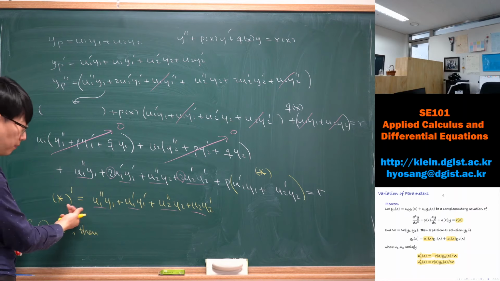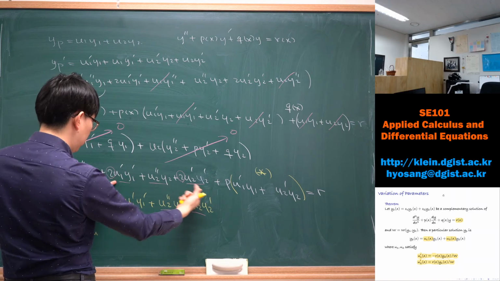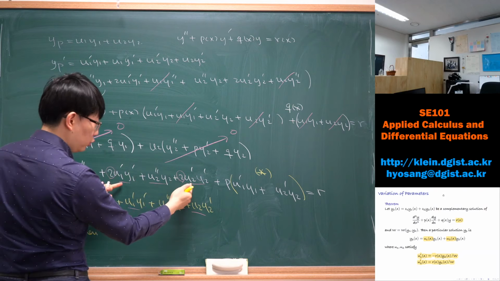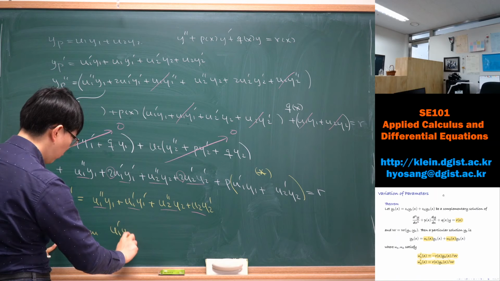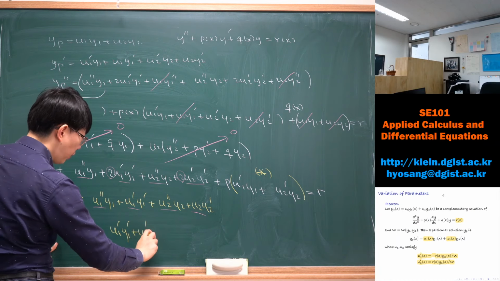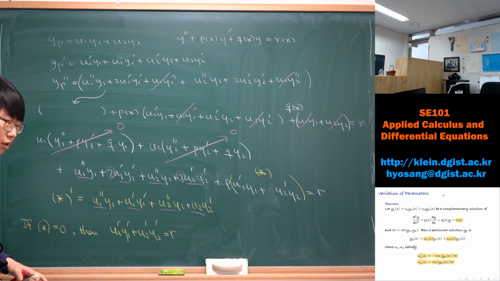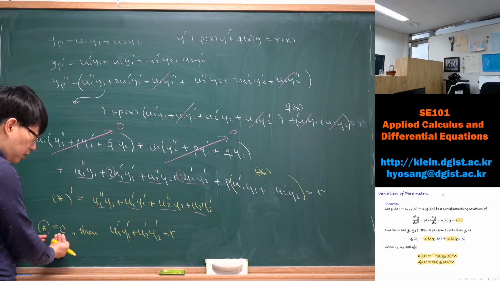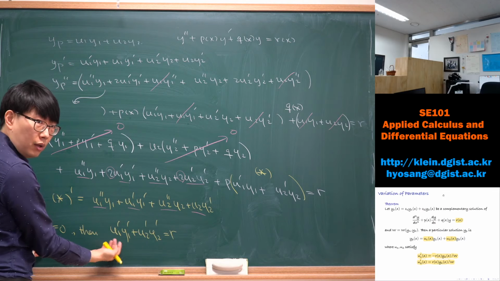The derivative of 0 is 0. So if this is 0, then the rest of the terms are u1' y1' and u2' y2'. Then what we need is u1' y1' + u2' y2' to be equal to r. So here's the assumption: we want star to be 0. If star equals 0, then in order to solve this equation, we only need this equation.